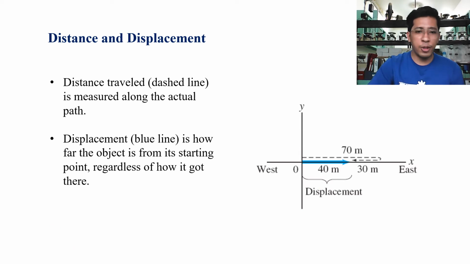Another difference between distance and displacement is that distance is just a scalar quantity, whereas displacement is a vector quantity, meaning it also describes the direction of your particle.